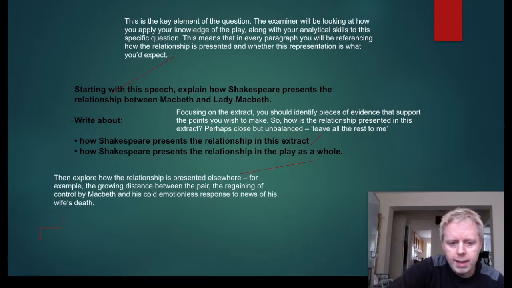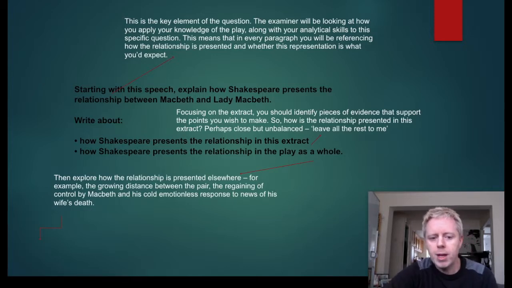And then the wider play: explore how the relationship is presented elsewhere. For example, the growing distance between the pair, the regaining of control by Macbeth and his cold, emotionless response to news of his wife's death. So if in the extract itself the relationship is unbalanced, with Lady Macbeth in control, at that point you can show how that develops, and then you can point to the growing distance between the pair in the planning of Banquo's murder.